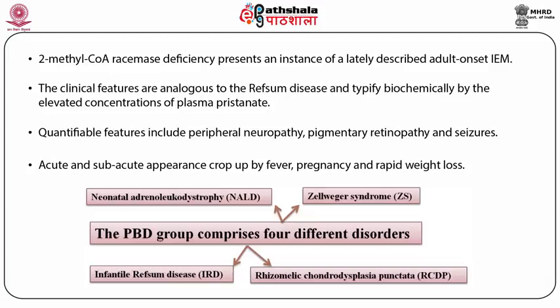The first is neonatal adrenoleukodystrophy, which is called NALD. The second is Zellweger syndrome, ZS. Third one is the infantile Refsum disease, the IRD. And the fourth is rhizomelic chondrodysplasia punctata, RCDP.